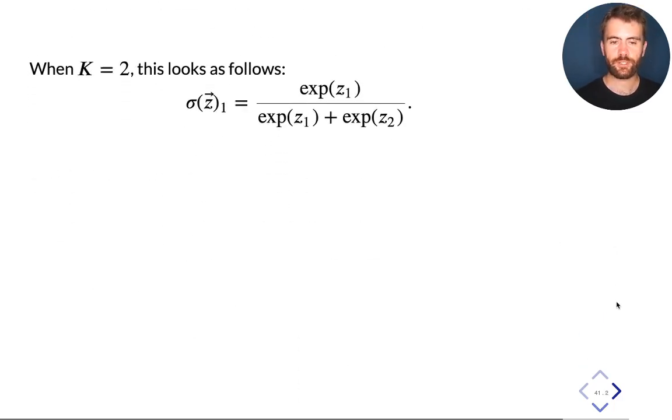Let's now look at a special case of this function when k equals 2, and we have 2 classes. In this case, we have the following expression for the probability of the first class. Now observe that this expression takes the same value if we multiply each z by some number.